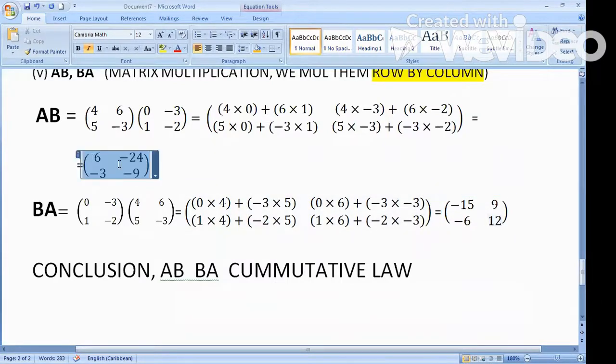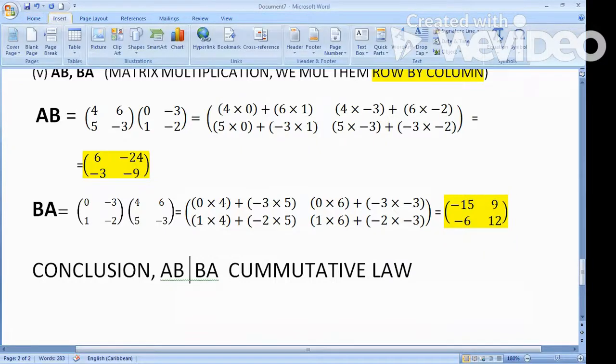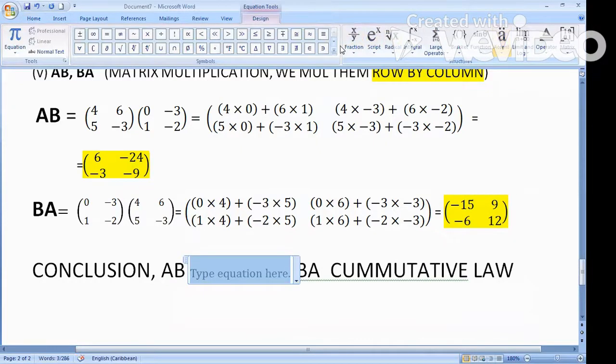Yes, sir. All right. So when you notice, this is A times B, and this is B times A. Are they the same thing? No, sir. They're not. So what's the conclusion?